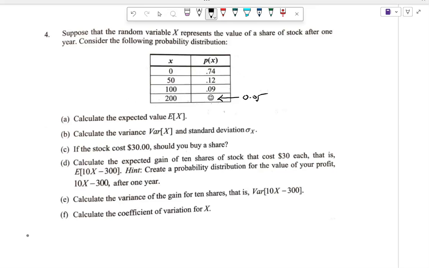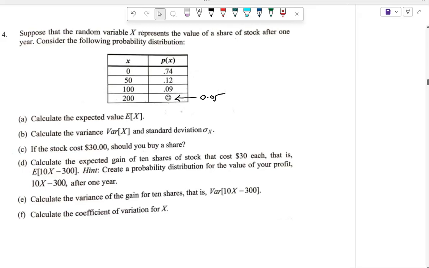So if we want to figure out what the expected value is, how do we do that again? Yeah, so the definition is the sum over everything in the sample space, right? Of x times the probability density function, right?